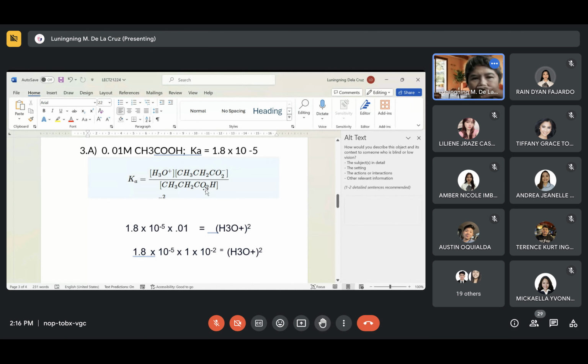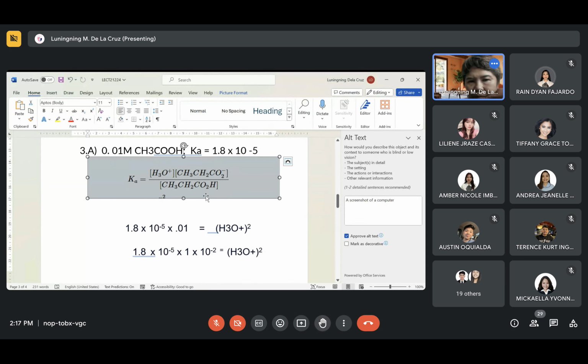Okay class, at equilibrium, the amount of acetate is equal to the amount of hydronium ions.